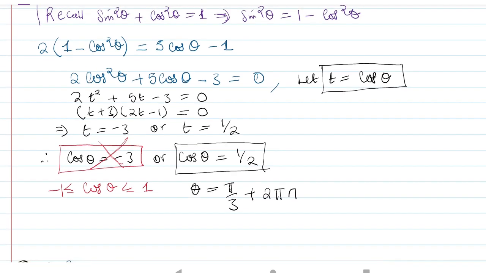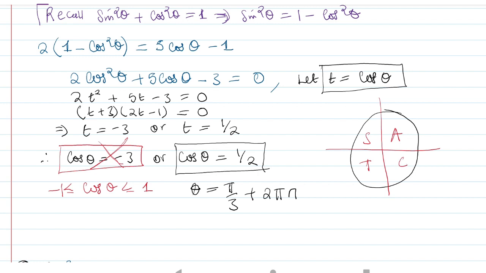But one thing that we need to remember again, from the previous question, is that all the ratios are positive in the first quadrant, sine is positive here, tan is positive here, and cosine is positive here.